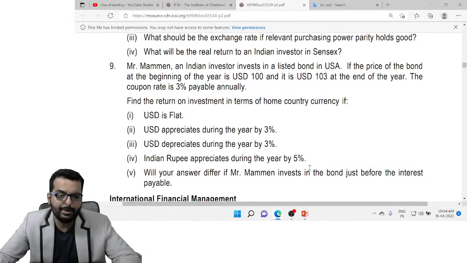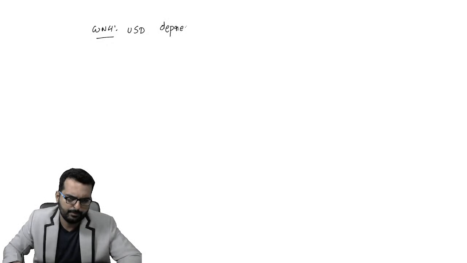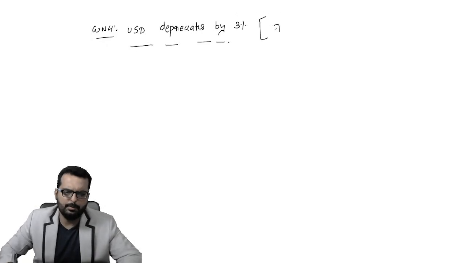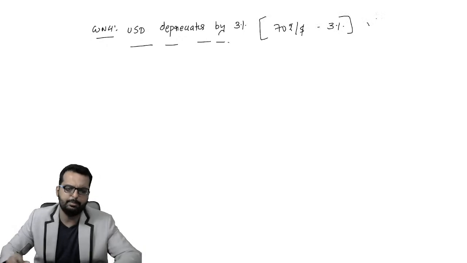Next one is rupee depreciates by 3%. That would mean it will be 70 rupees per dollar, which is right now, it will fall down by 3%.